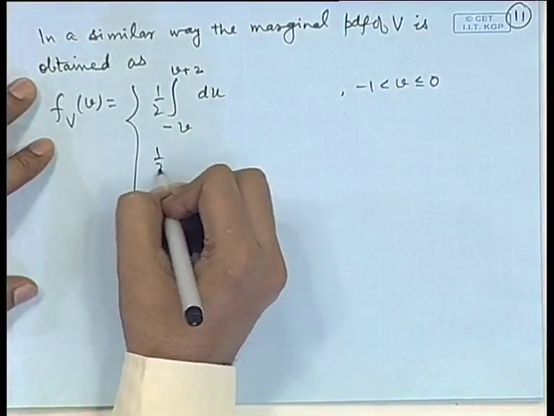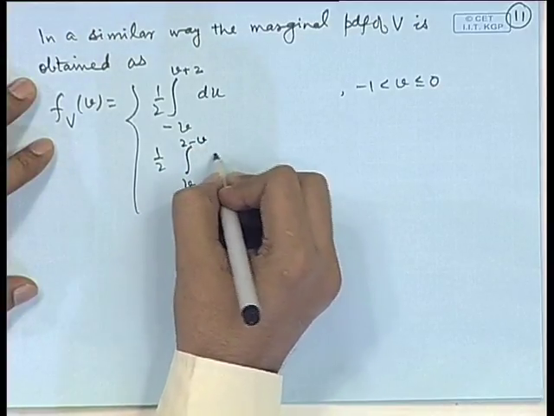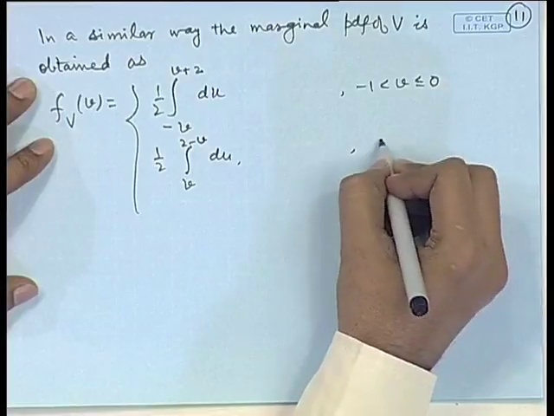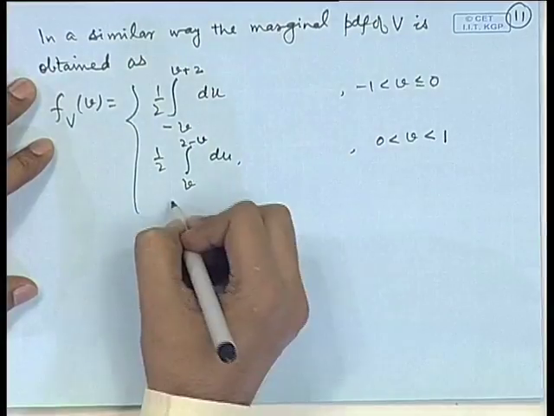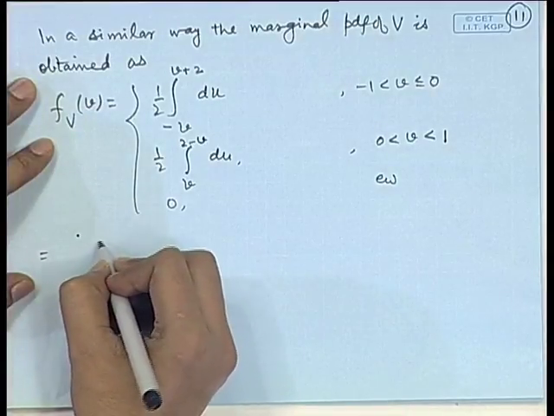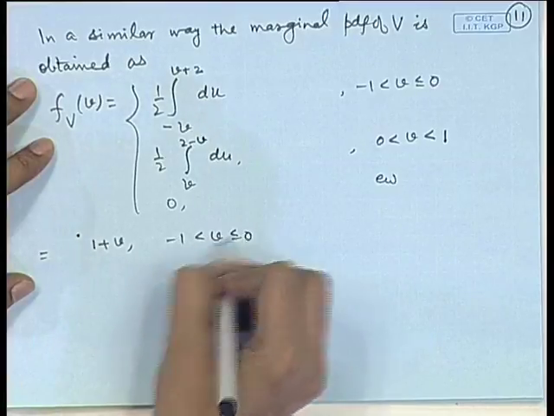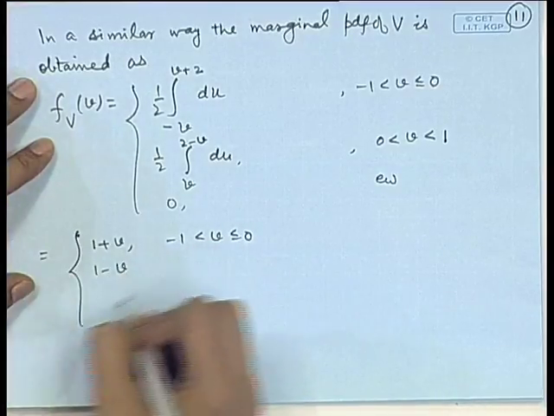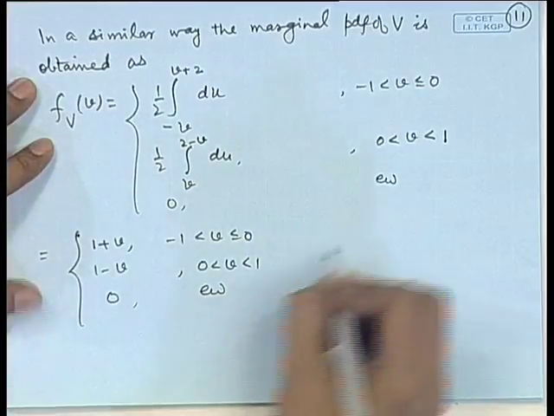It is half from v to 2 minus v du for 0 less than v less than 1 and 0 elsewhere. So, after simplification, this turns out to be 1 plus v for minus 1 less than v less than or equal to 0 and 1 minus v for 0 less than v less than 1, 0 elsewhere.